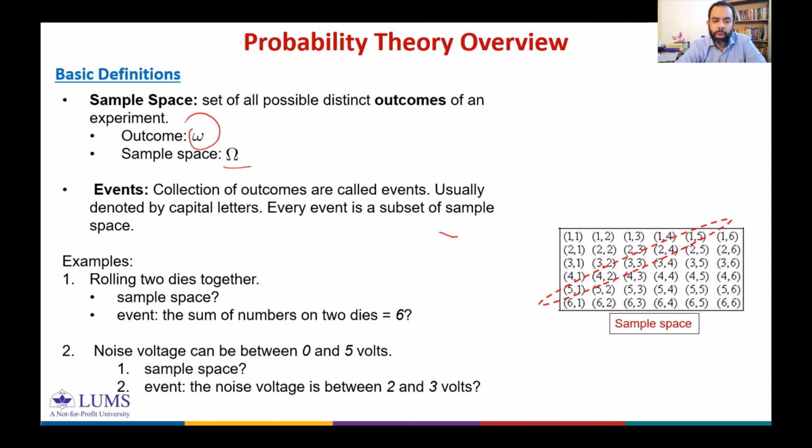And the event could be the noise voltage between 2 and 3 volts. So an event is a subset of the sample space. The event could be any value between 2 and 3, and the sample space is any value between 0 and 5.